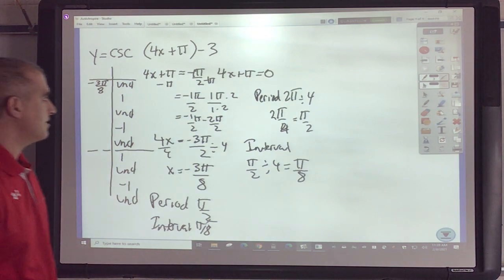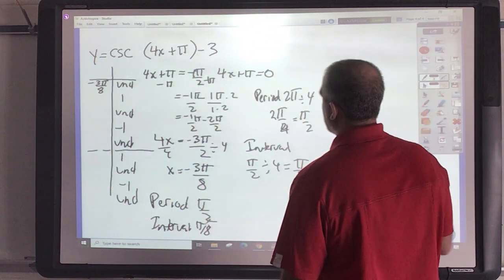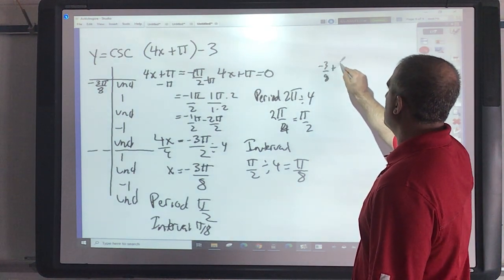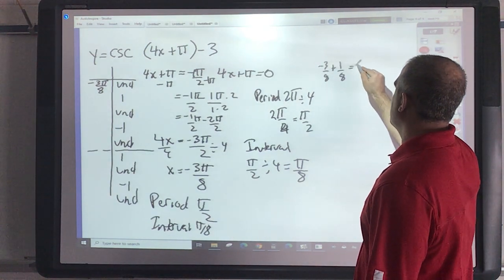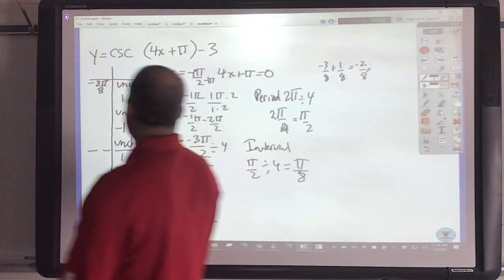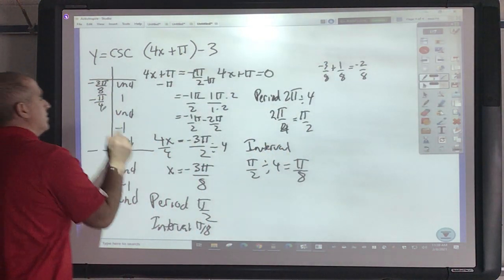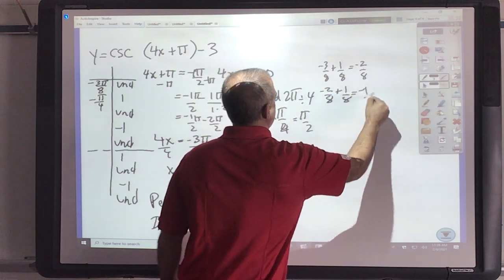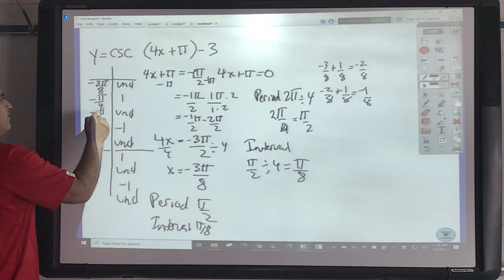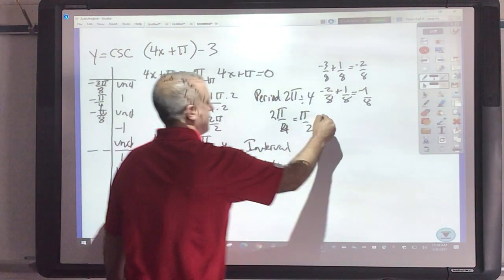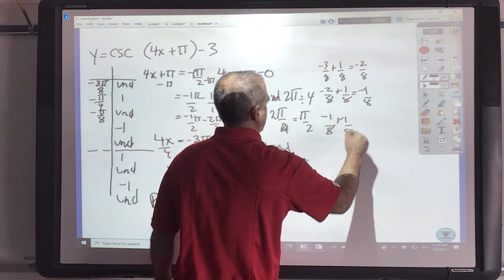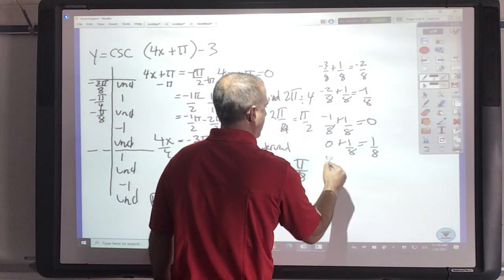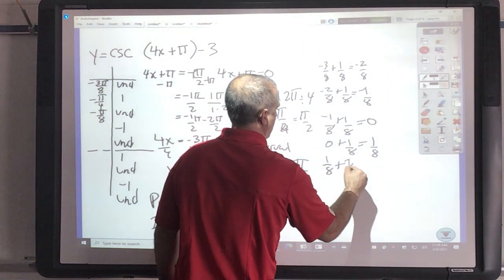Okay, so I'm going to go ahead and erase some of this stuff here. Well, I've got to do the fraction stuff. So I've got to do negative 3/8 plus 1/8. That's negative 2/8, which is negative pi over 4. Negative 2/8 plus 1/8 is negative 1/8, so it's negative pi over 8. Negative 1/8 plus 1/8 is 0. 0 plus 1/8 is 1/8, and 1/8 plus 1/8 is 2/8.